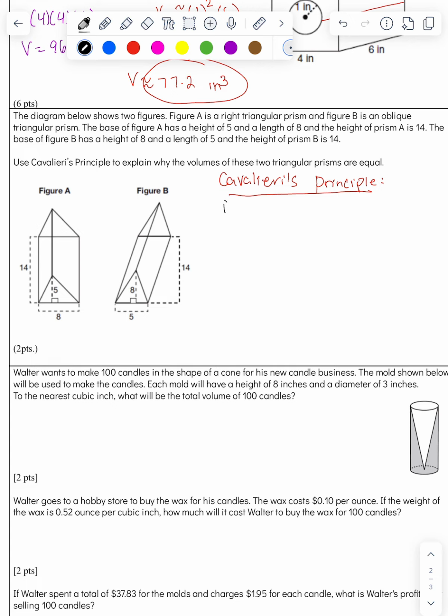It states that if two solids have equal heights and have equal areas of cross sections, then the two figures will have the same volume.